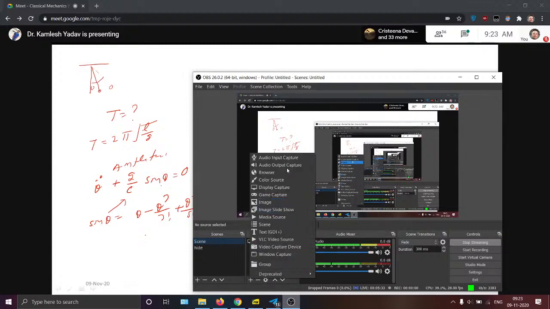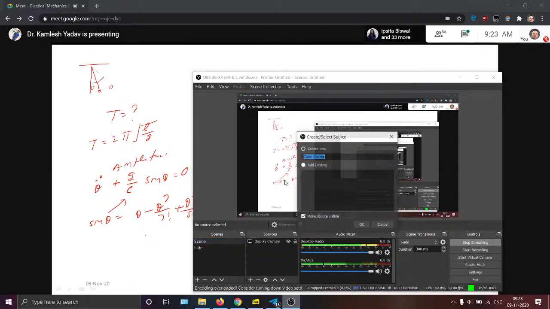If theta is not small, if theta is a little large, in that case the time period will depend upon the amplitude. Let me write the result. In that case, the time period can be written as 2 pi root of L upon g times root of 1 plus 1 upon 16 theta naught square, plus 11 upon 3072 theta naught to the 4 plus 173 upon and so on.